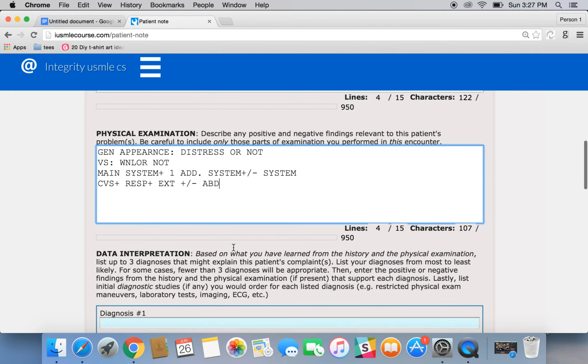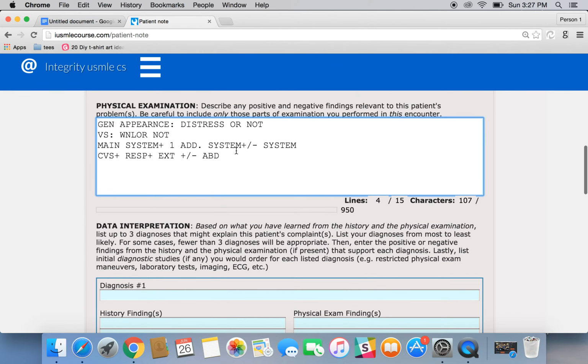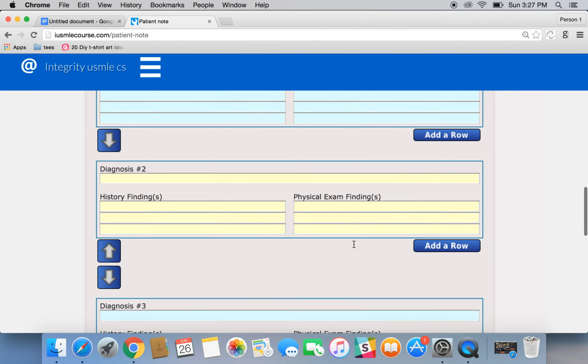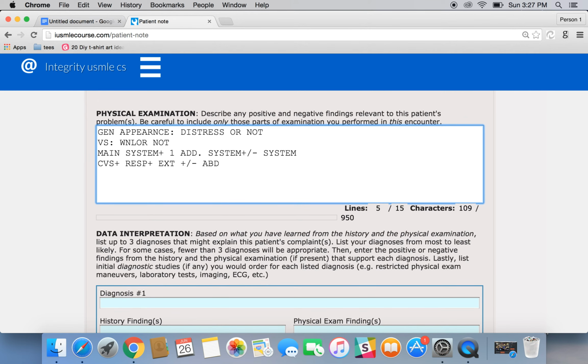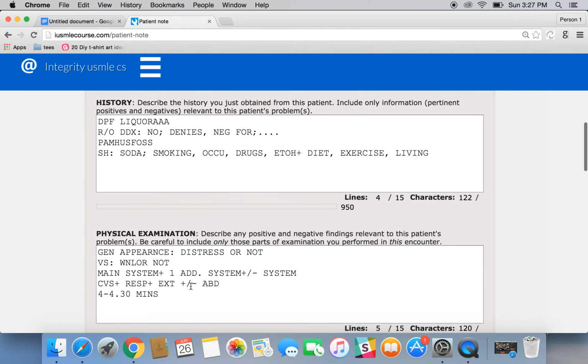After you complete this section, the next is to start copying and pasting here, and copying and pasting here to support your differential. How much time do we need to spend on each section for the exam? I will spend 4 to 4 minutes and 30 seconds on the history part, and about 2 minutes for the physical examination section.